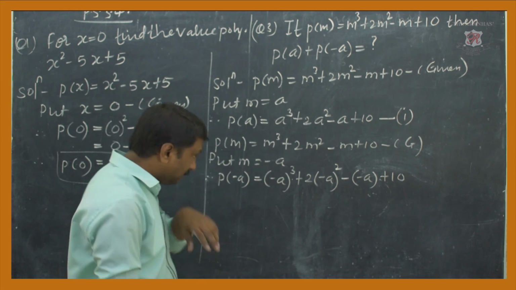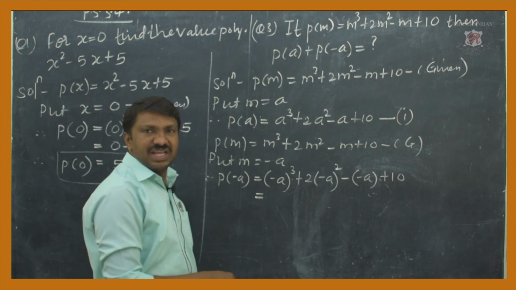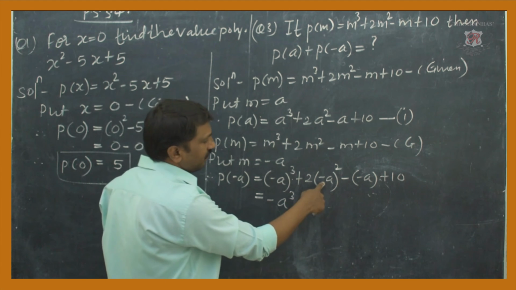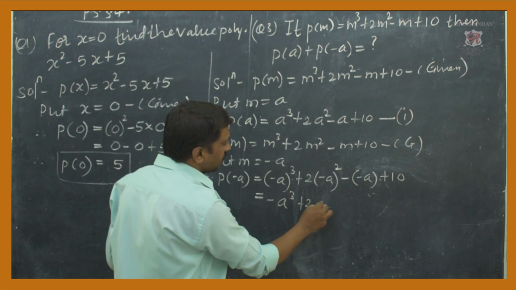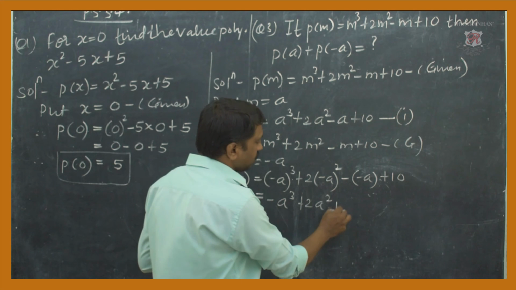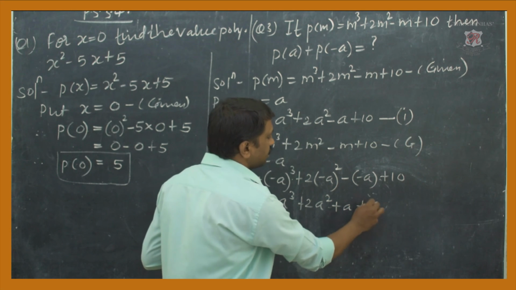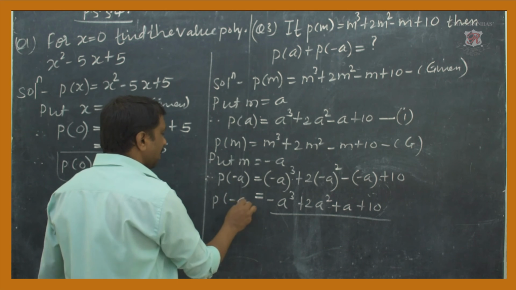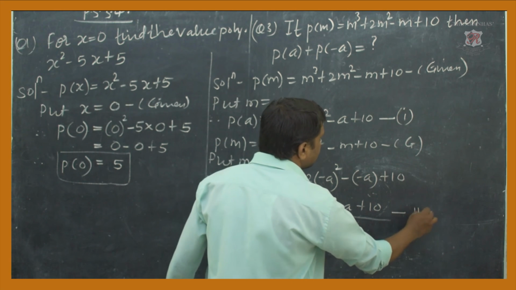Simplify this: cube of negative is negative, so we get minus a cube; square of negative is positive, so plus 2a square; minus minus becomes plus, so plus a and plus 10. This is the value of P(minus a). So this is your second.